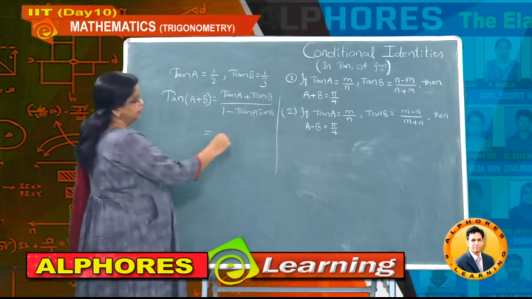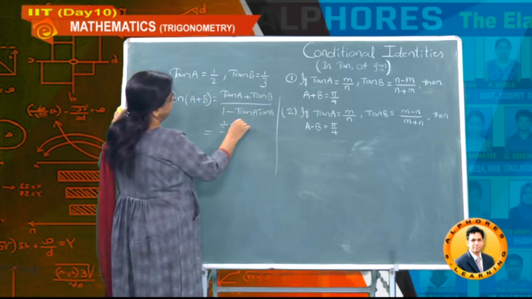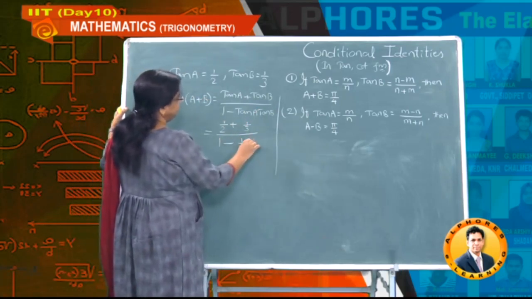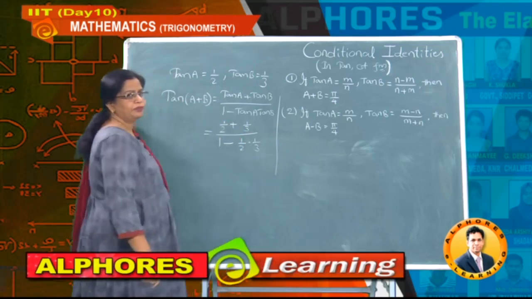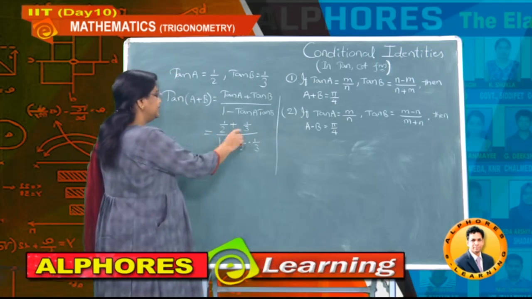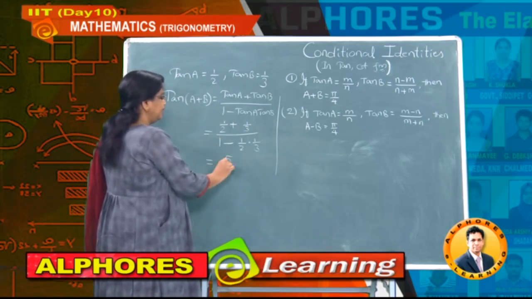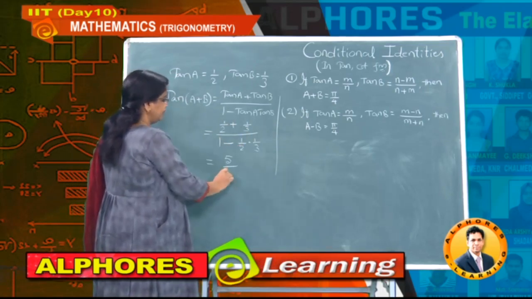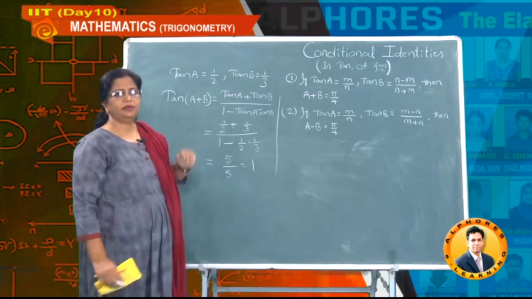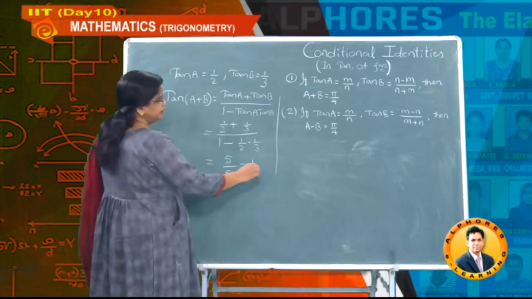What is tan A? It is 1 by 2, plus tan B 1 by 3, divided by 1 minus 1 by 2 into 1 by 3. Okay students, then what happens here? If you take the LCM, 5 divided by 5, since 6 minus 1 is 5, that is 1. When tan of A plus B equals 1, what is our conclusion here?